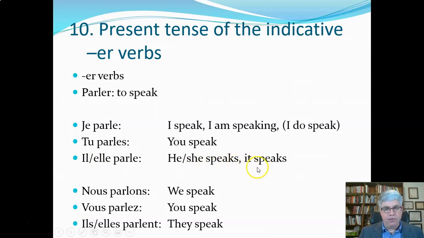There's no neutral it for a subject pronoun. So these are the singular: je parle, tu parles, il or elle parle, meaning I speak, you speak, he or she speaks. We can also translate I am speaking, you are speaking, it is speaking.